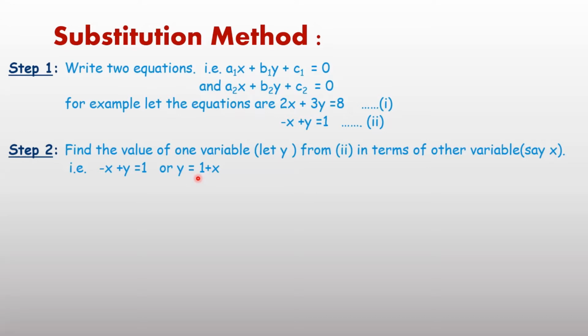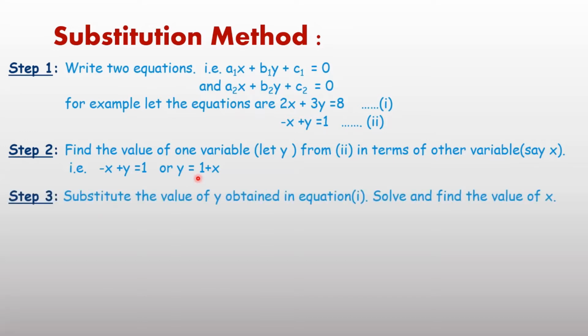In the next step, write the value of y in terms of x as per this question. Then substitute y = 1 + x in equation first, because I have written the value of y from equation second. Therefore, the value of y is put in equation first.